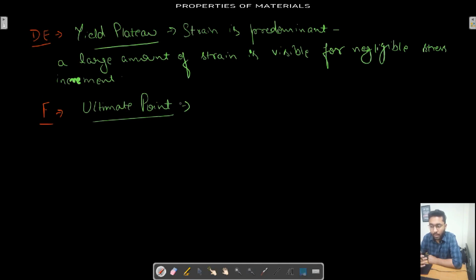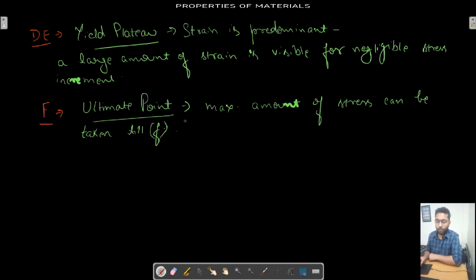At this point the mild steel can take maximum amount of stress. So we can say simply maximum amount of stress can be taken till F.